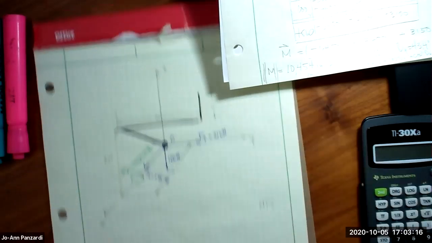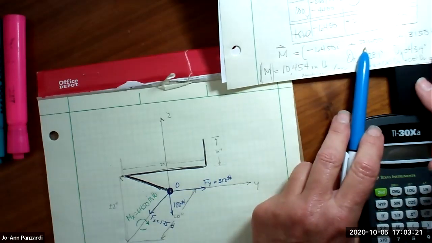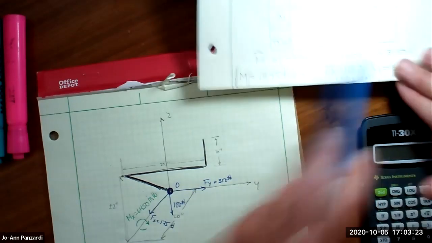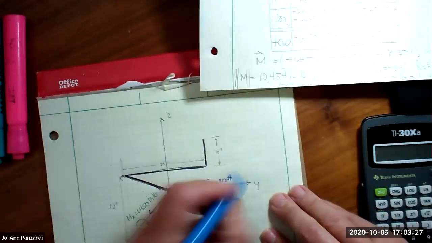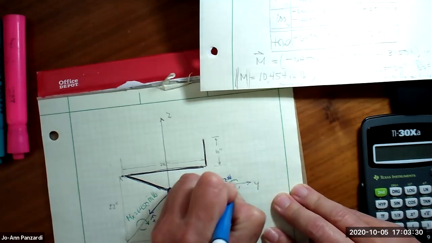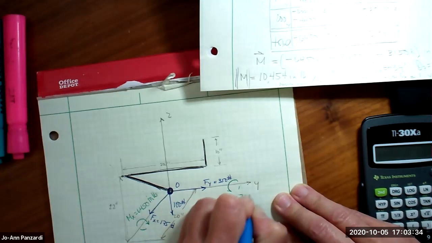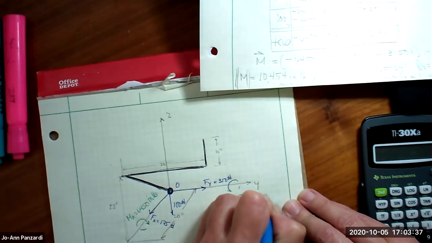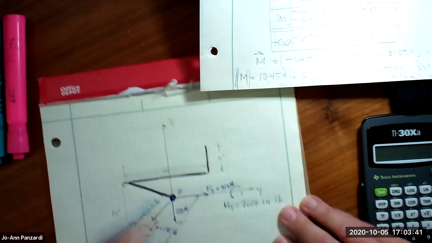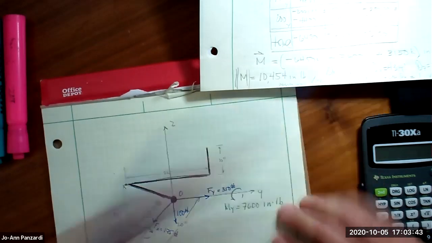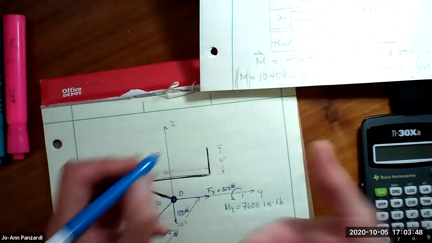How about the y-axis? The y value is 7600. It's positive. So I put my finger in the positive y direction, and it comes around this way. So here's the moment about the y, equal to 7,600 inch-pound. And in the z, it's 3150, and it's positive. Finger goes in the direction of the positive. It's coming around this way.